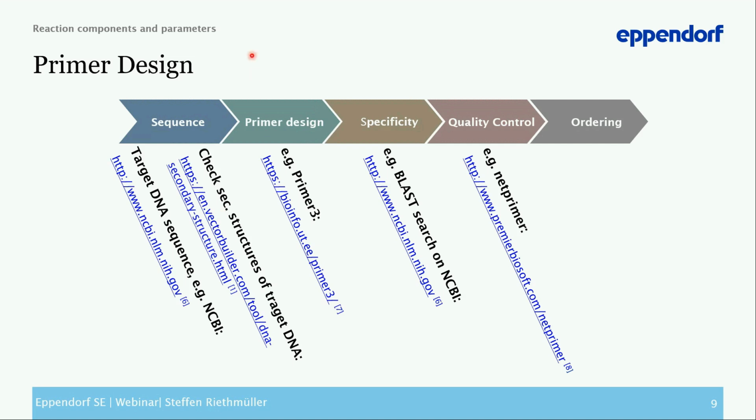Then you can design your primers. There's a nice free tool which is called Primer 3, where you can put in a lot of information. And then once you have designed your primers, it makes sense to blast them again using NCBI in order to make sure that they really bind where they should.